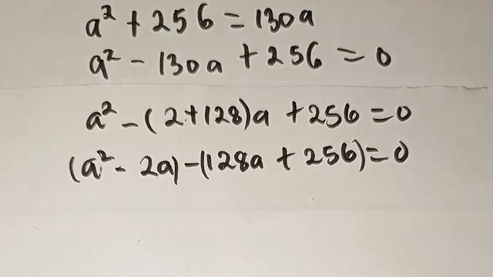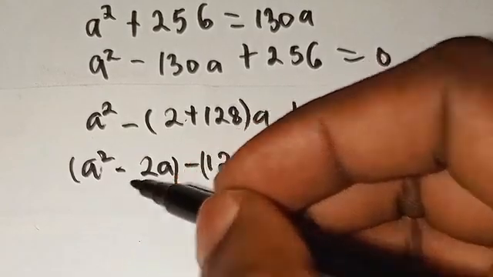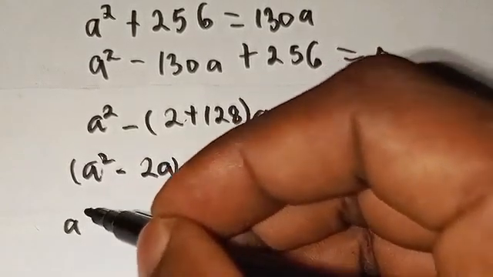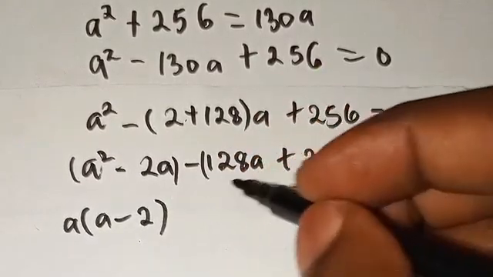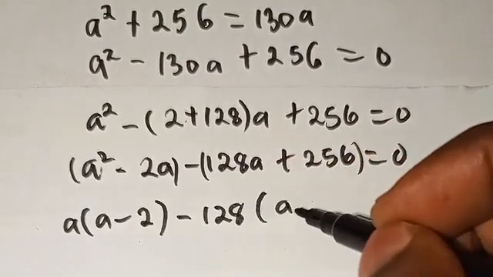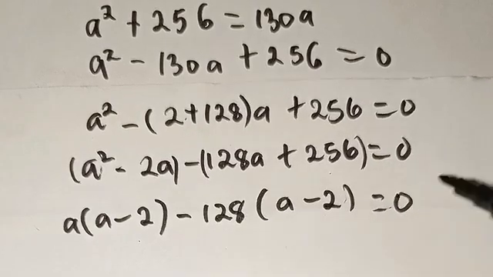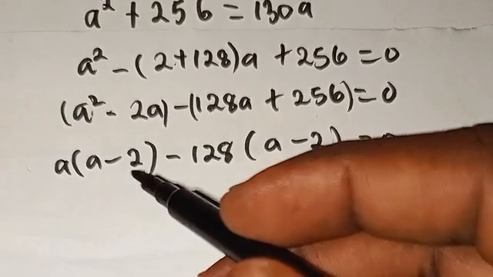What is common here, the common factor here is a. I have a into bracket a minus 2. Then here, the common factor is 128. 128 into bracket a minus 2 equals 0.